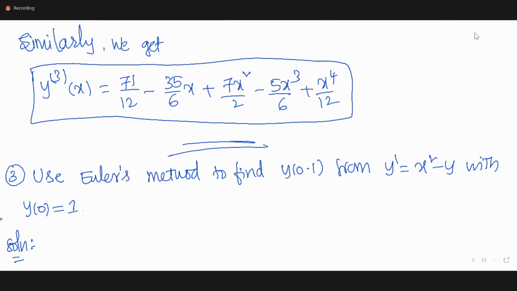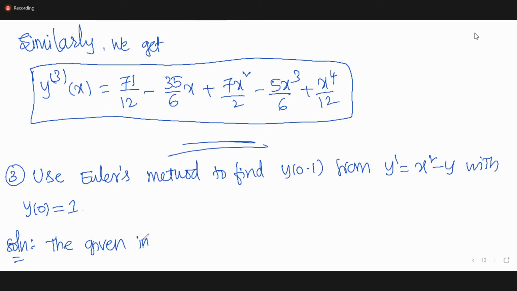So y naught is 1. We have to calculate y1. Y1 means y of x1, y of 0.1. So to calculate this value, we need one step only.